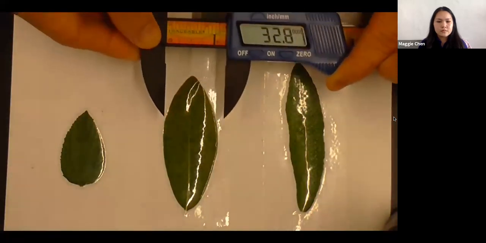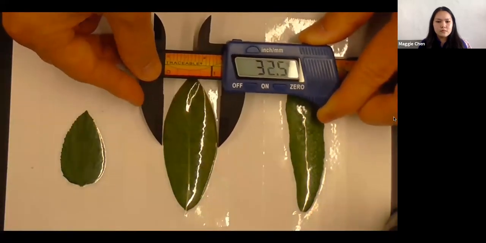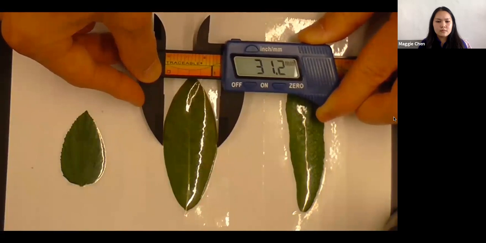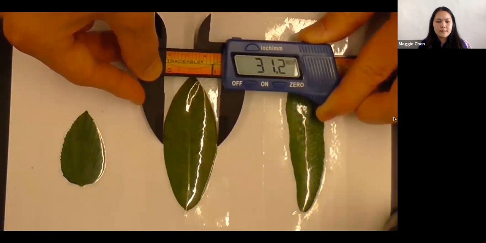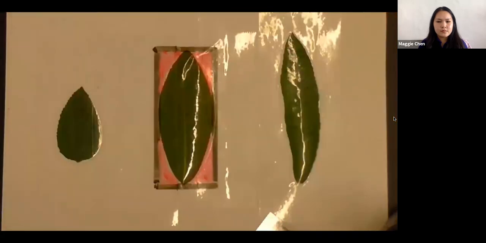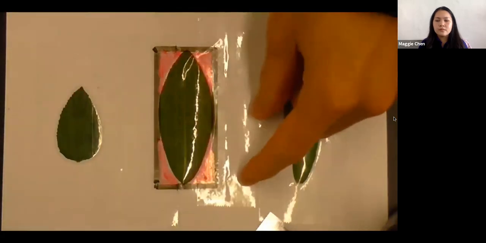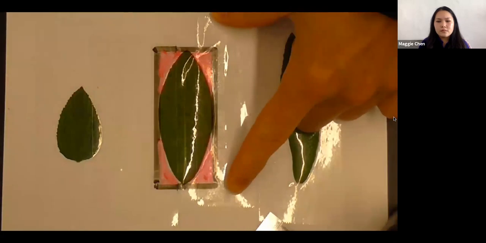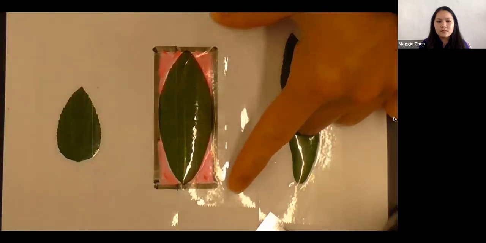Remove the calipers to maintain independent measurements. And final reading, 31.2 millimeters.